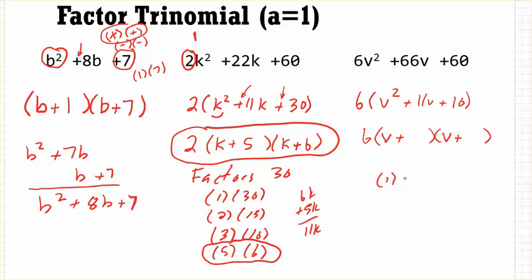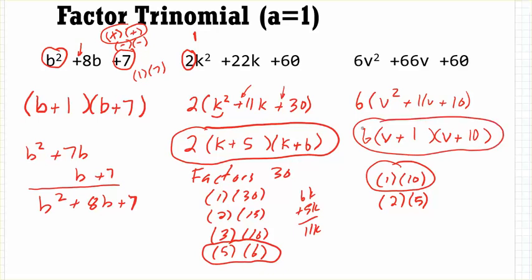And again, you don't have to write them down, but sometimes if you're not finding any numbers that give you the middle, sometimes just writing them out actually makes that possible. So the only thing that we can do is the 1 and the 10, and that'll give us 11 in the middle, and that would be the factors for this.